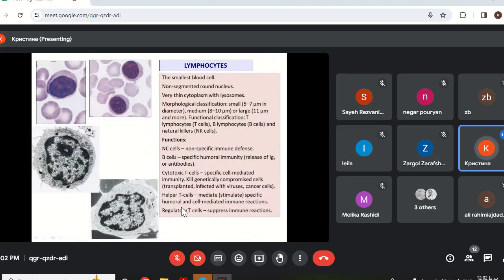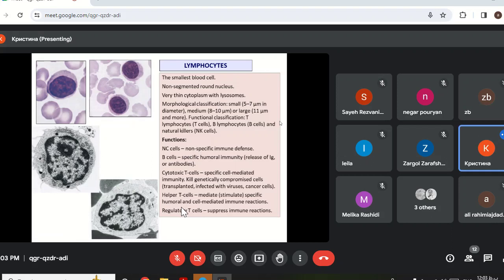Lymphocytes are the smallest blood cells. Here you can see the small lymphocytes, and this one is a large lymphocyte. They have a non-segmented round nucleus and a very thin cytoplasm with some amount of lysosomes. Also you can see here a round nucleus and tiny cytoplasm with some organelles and some lysosomes.